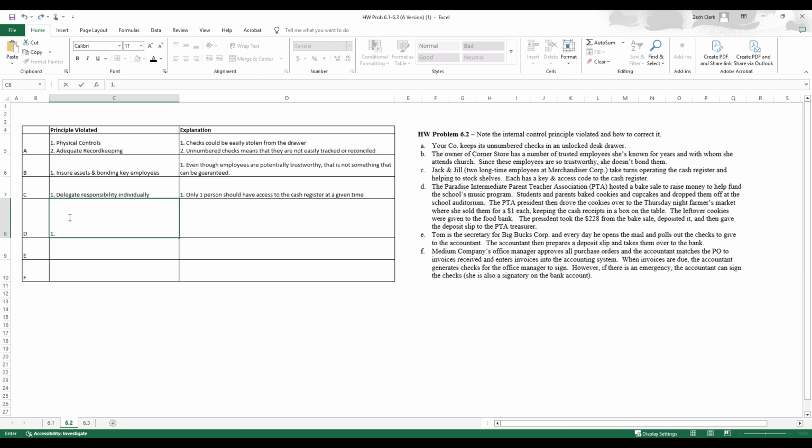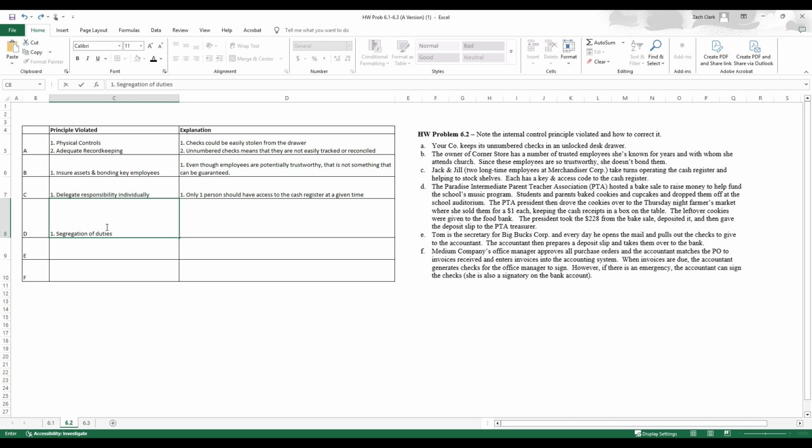Let's say number one is safeguarding cash. Actually, I'm going to say in this one, the specific thing is the segregation of duties.